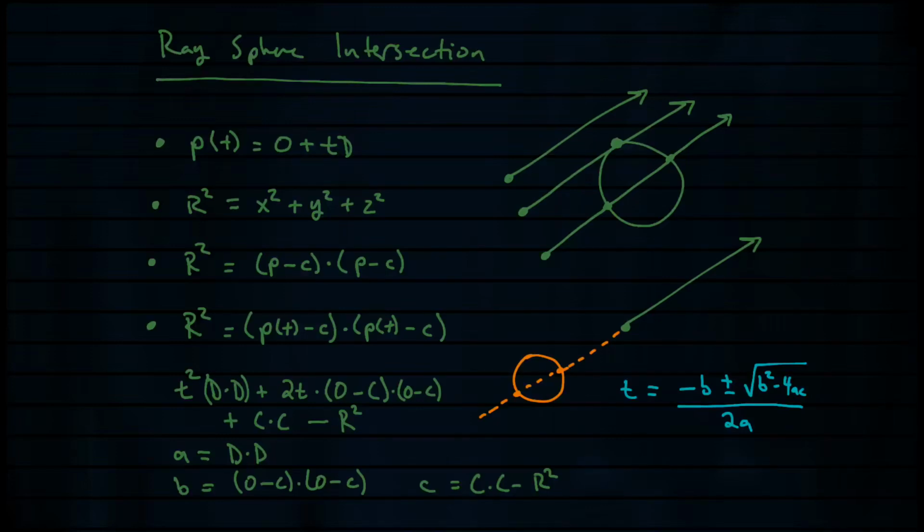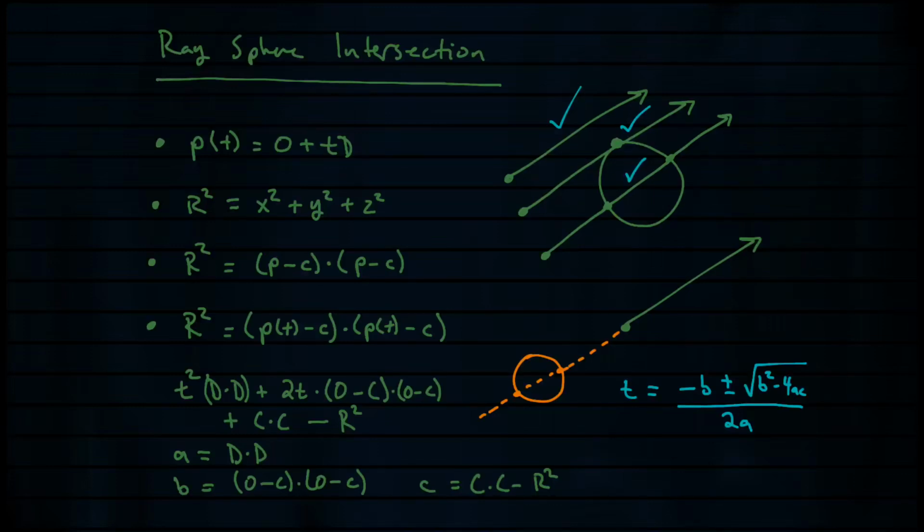Either the discriminant will be less than 0, and you will get a complete miss. You will get the same value for t, in which case you have only one intersection, or you will get two different values for t. In other words, you have two intersections.